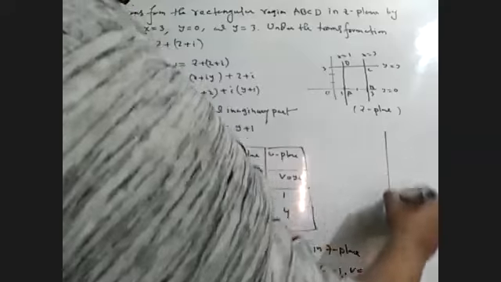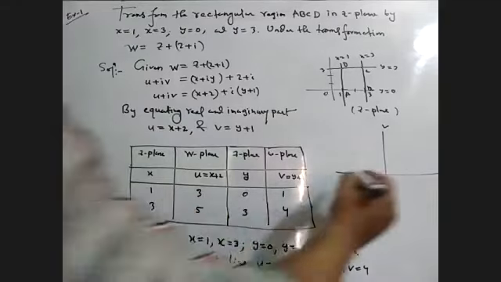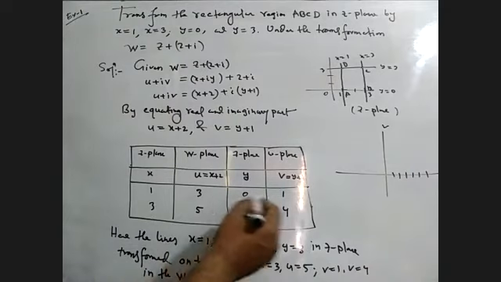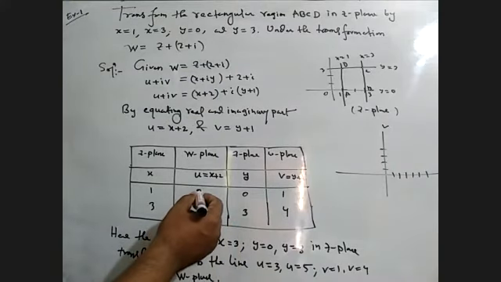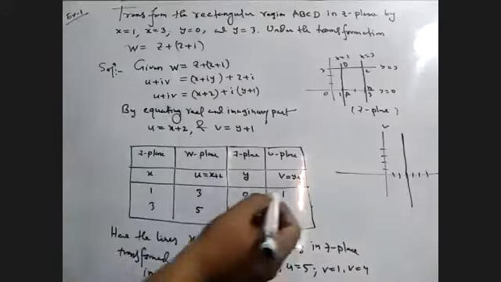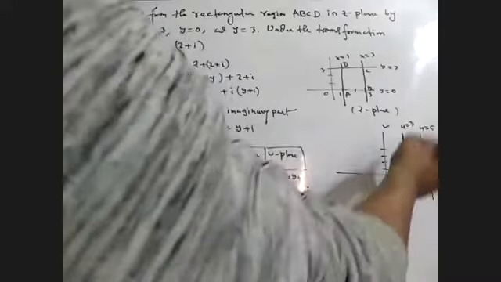Now for the W plane, this is the u axis and this is the v axis. Here u equals 1 to 6 and v equals 1 to 4. The line u equals 3 is parallel to the imaginary axis in the W plane. Then u equals 5 is also parallel to the v axis.